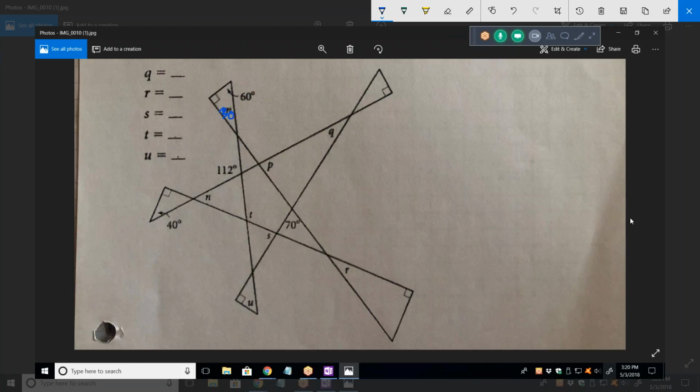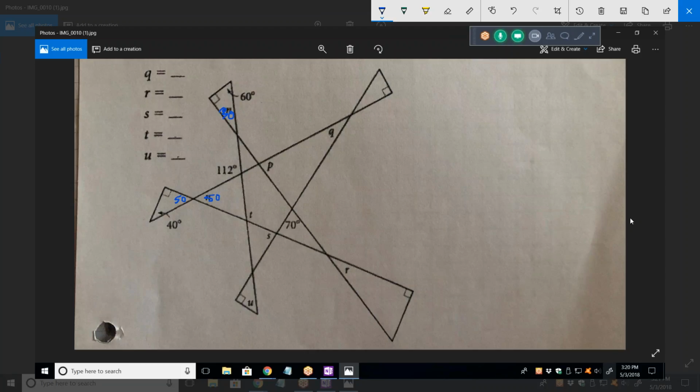No, I see that you understand this stuff. No, you don't have to explain it. What is angle N, as in Nancy? 50 degrees? Yeah. Whereas that's 50 because that's 50.